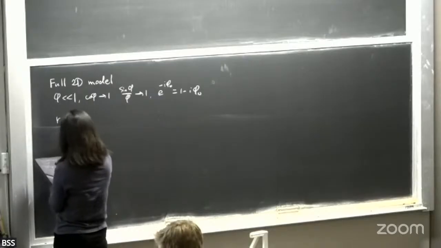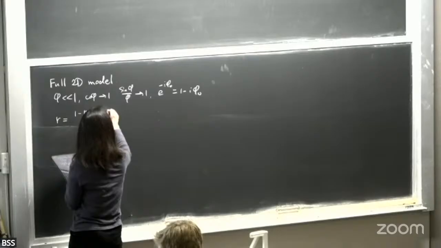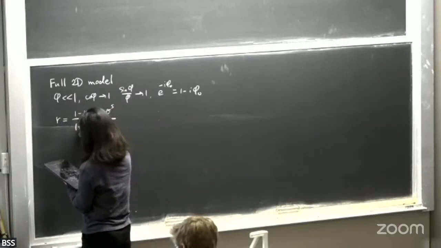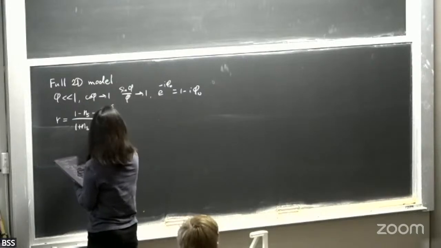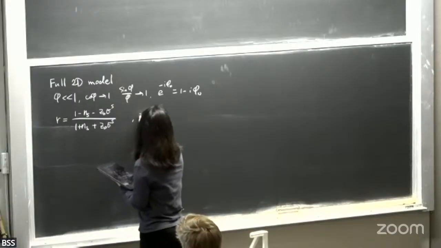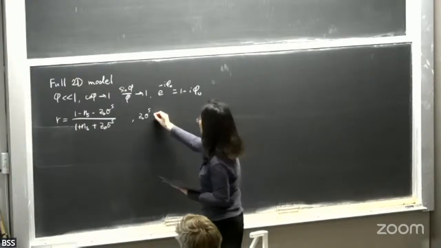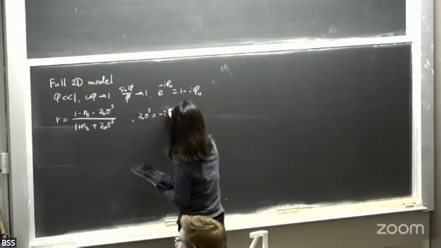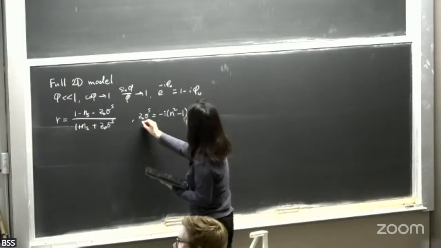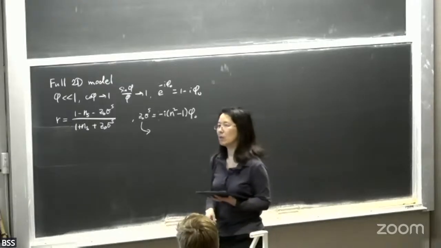So R is going to be 1 minus n_s minus Z0 sigma_s, the sheet conductivity, divided by 1 plus n_s plus Z0 sigma_s. And this Z0 sigma sheet conductivity is minus i (n squared minus 1) phi naught. And this Z0 is the free space impedance.